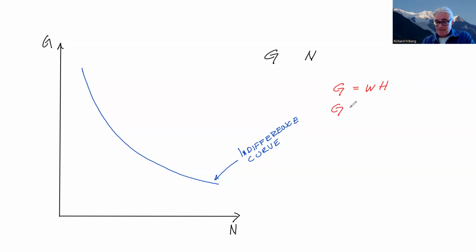So let's rewrite this and see how many hours you are working. Well, it's whatever time you're not spending in leisure. So if we're thinking within the confines of a single day, the amount that you could work is 24 hours in principle. We could have various discussions about what should be the maximum amount of available work.